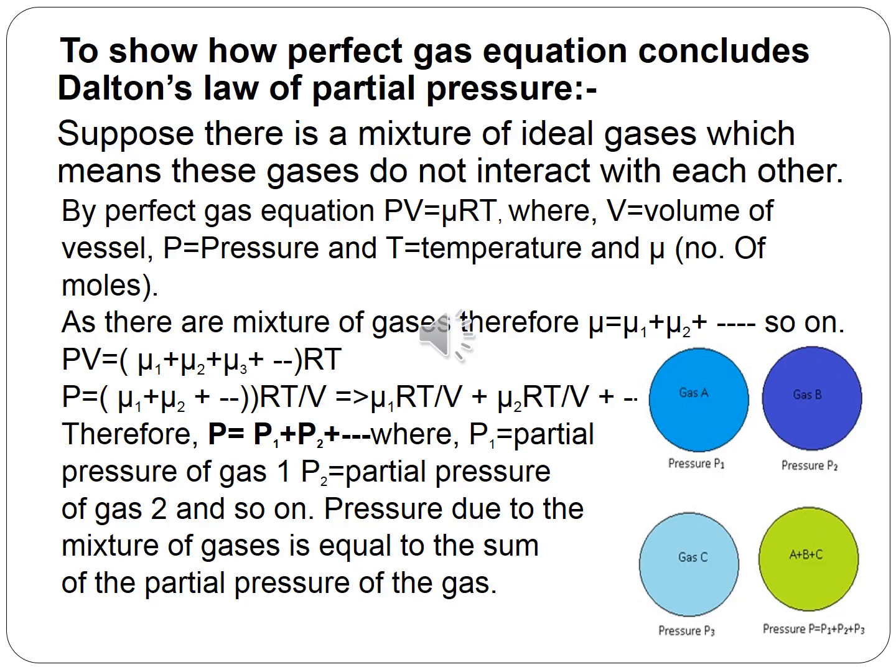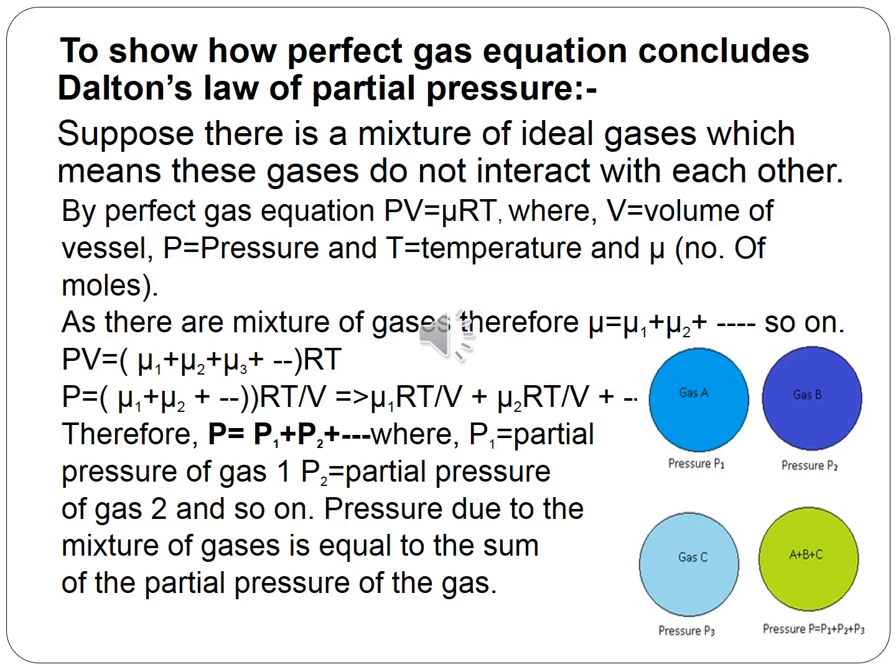By the perfect gas equation, which is PV equals nu RT, where V is the volume of the gas, P is the pressure exerted by the gas, T is the temperature, and nu is the number of moles of the gas.